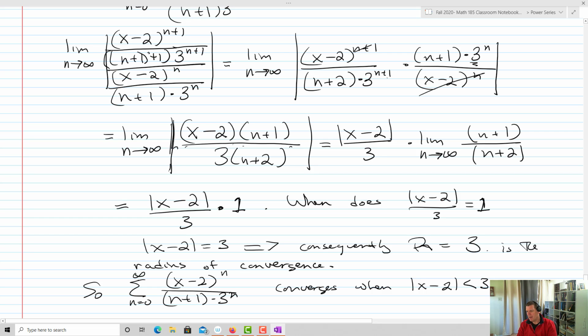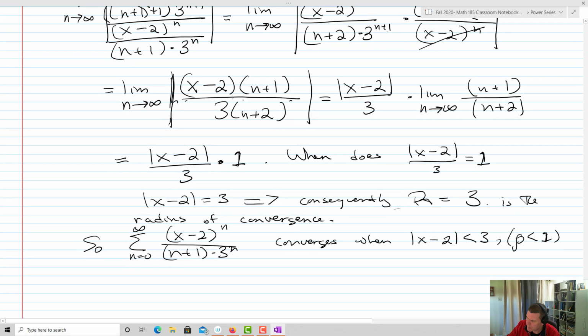Now, we know that for r equals 3, the ratio, according to the ratio test, is less than 1. That's the first part there. We know convergence for that case.